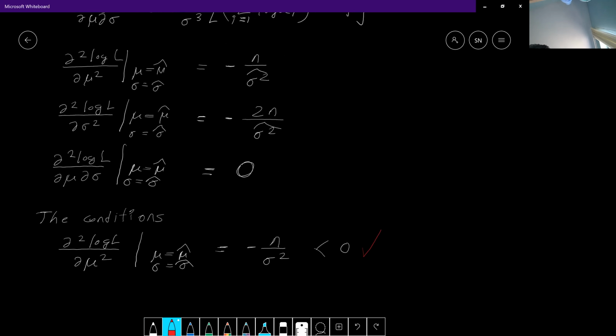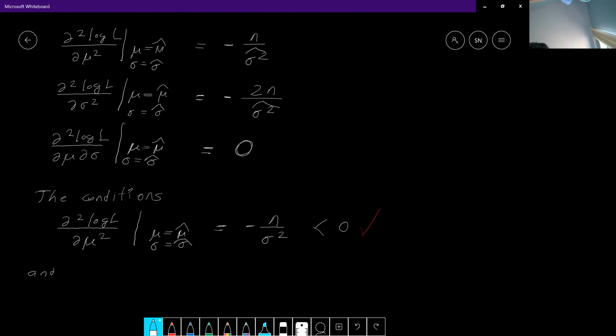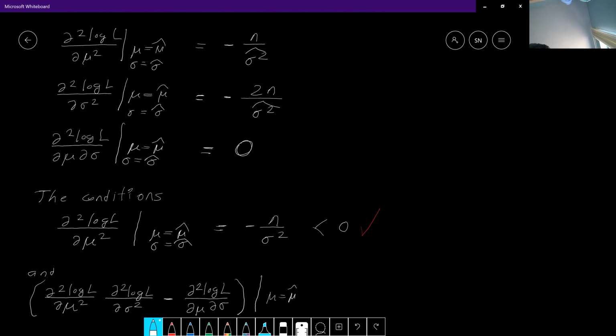And the second condition is this, right?